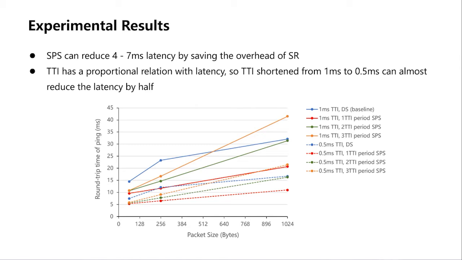By combining shortened TTI and semi-persistent scheduling together, we achieved a minimum of 5.3 milliseconds. With this latency level, we have reduced about 65% of the ping latency compared with the LTE baseline profile.